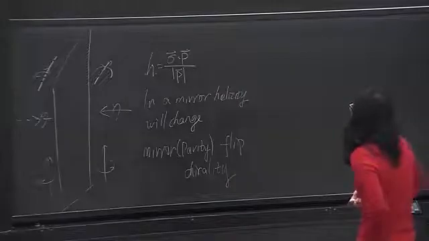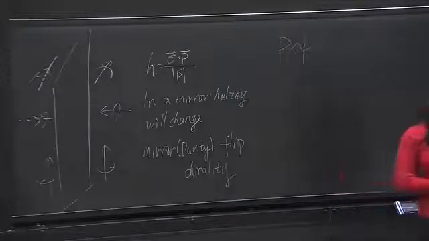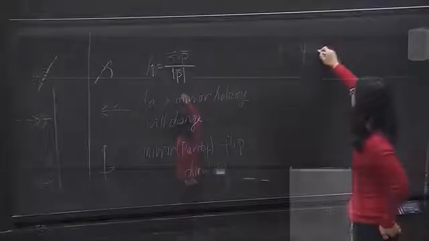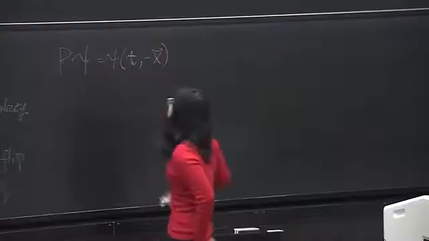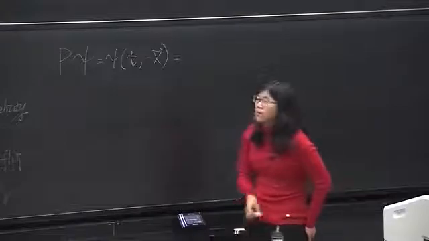So now we can finally answer our question. What does this do to a Dirac spinor? This is just another way of writing: time doesn't change, space changes.